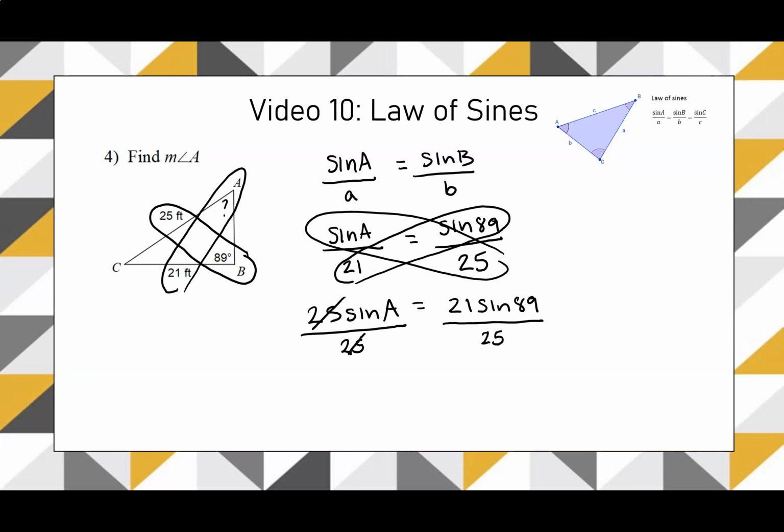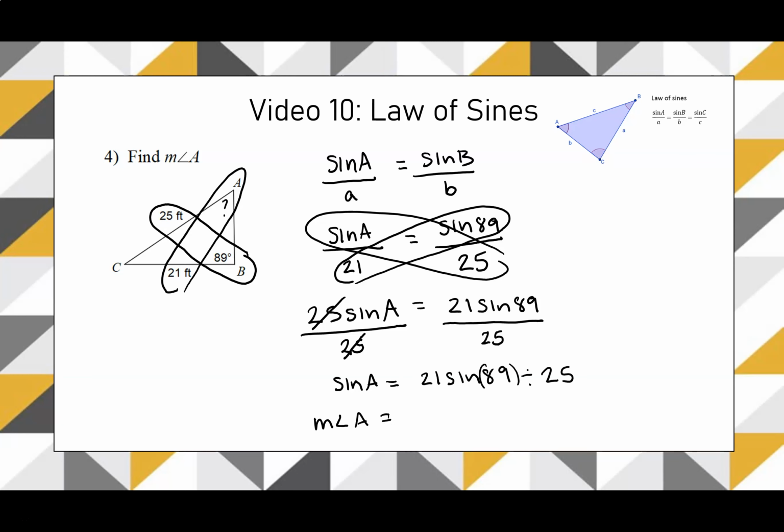Okay, the 25's cancel, and I'm left with sine A equals 21 sine of 89, and I close those parentheses, divided by 25. You don't always have to put these parentheses. I just want to do that to remind you to do it in your calculator. Now this is where I said we don't have to do this all the time, right? So what I'm going to do here is just drop that left step, and I'm just going to say the measure of angle A equals.